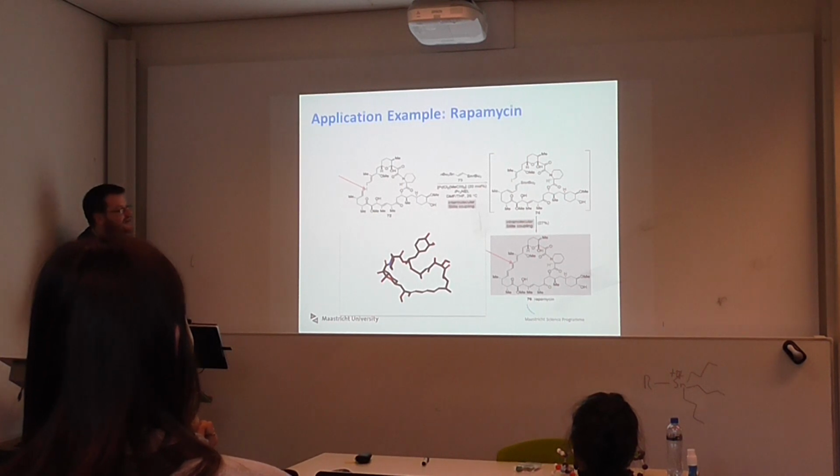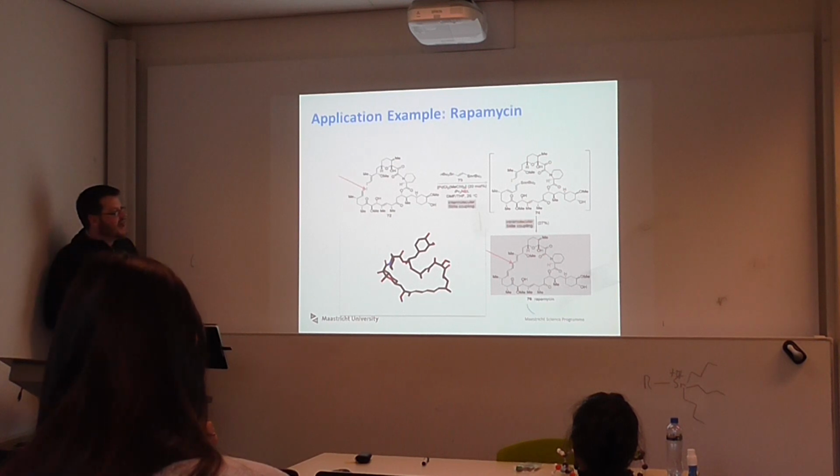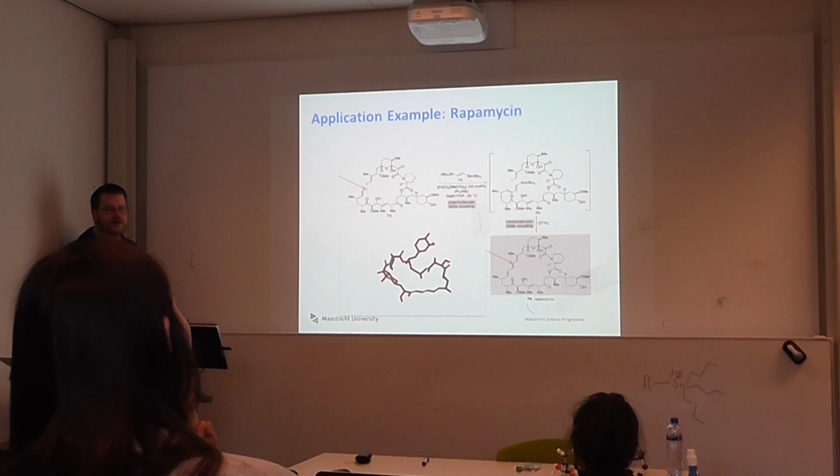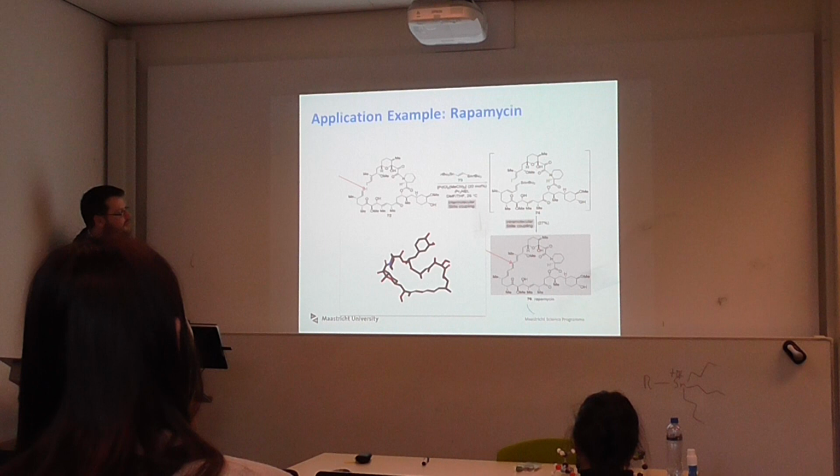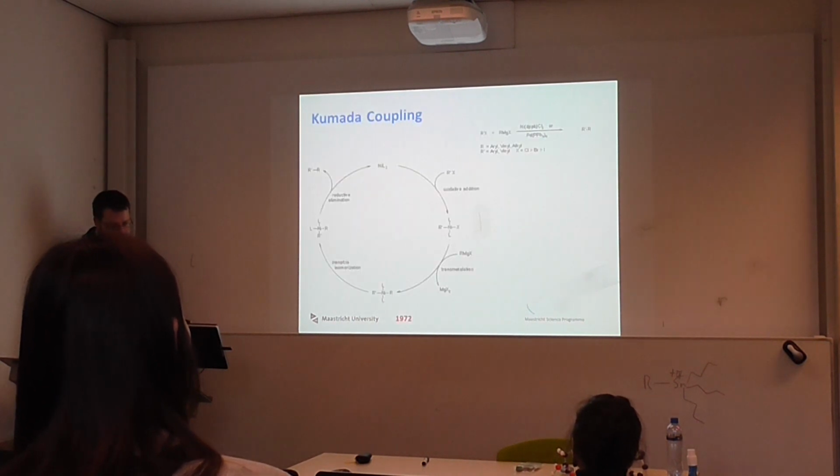So you see, it really depends on the situation and the availability of starting materials. Again, you see they add a base here because the catalyst precursor is palladium 2. So of course the catalytically active species is palladium 0, which is generated in situ by reaction with this base. Constructing this precursor obviously requires a lot of other synthetic work, but the key step again is this coupling reaction.